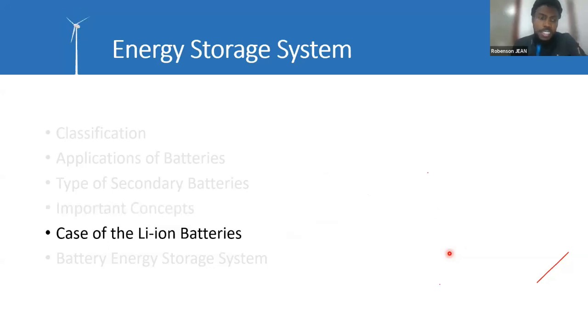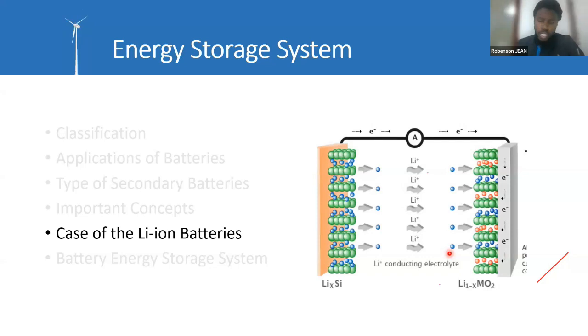Now let's talk about the case of lithium batteries, which are a promising battery. The principle is quite easy to understand. It is a reaction that takes place inside the battery, and this reaction will release some electrons, and the flow of electrons outside the battery will give us the current.